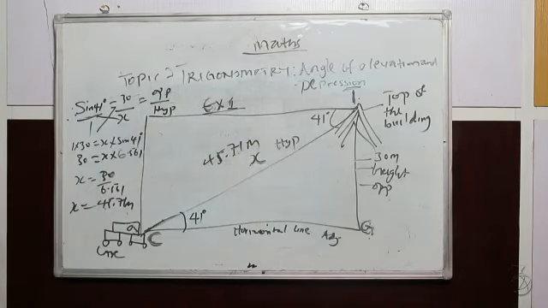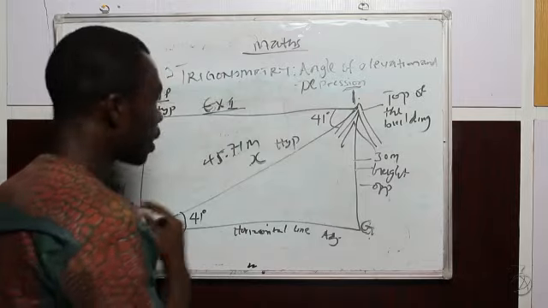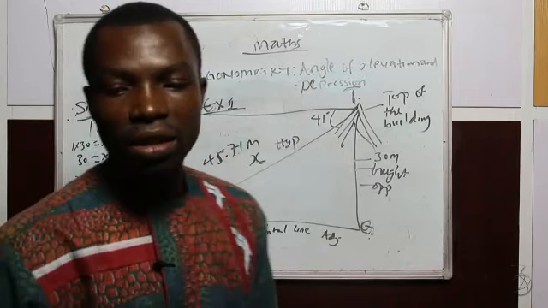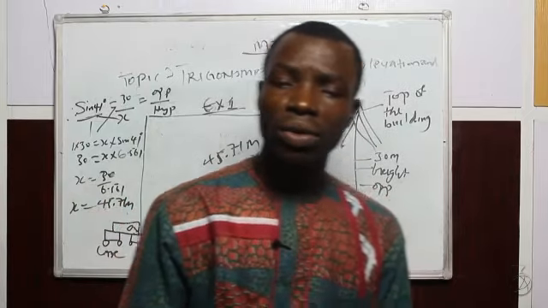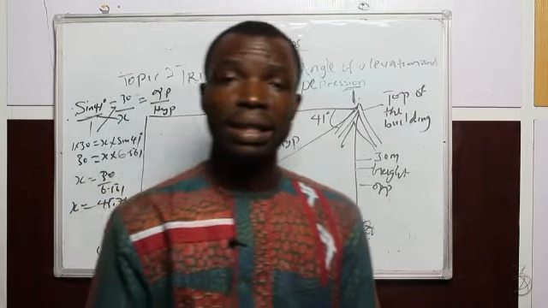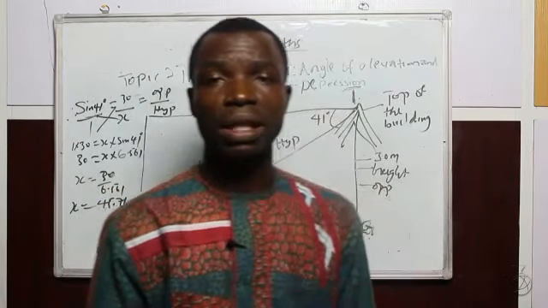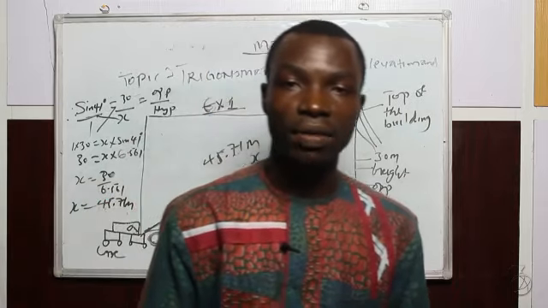That is our x. So the distance between the car and the top of the building is 45.71 meter.